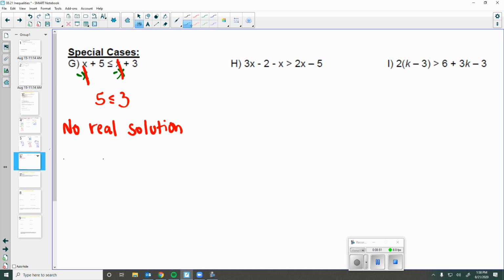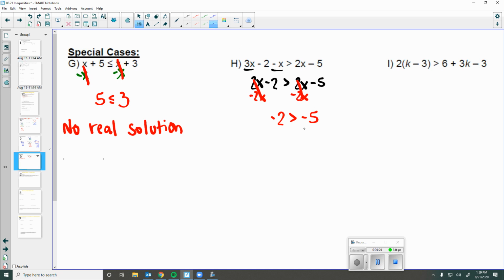Okay, we're going to do it again for letter H. It's another kind of special case. Notice we have two variables on the same side, so let's combine those before we keep moving. And then we have variables on either side now, so we're going to subtract 2x, and the same thing is happening where those cancel. And now we have that -2 is greater than -5.